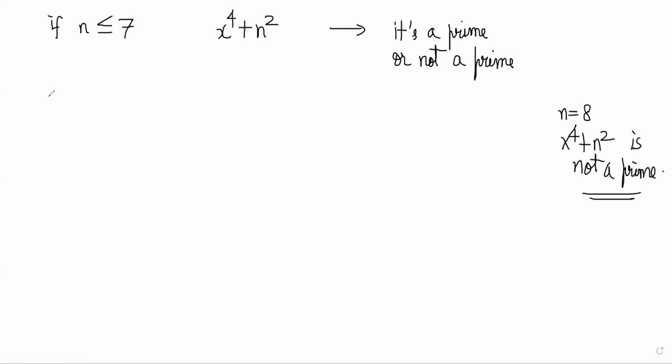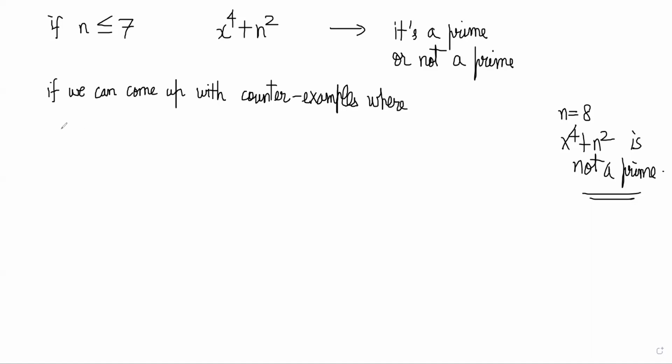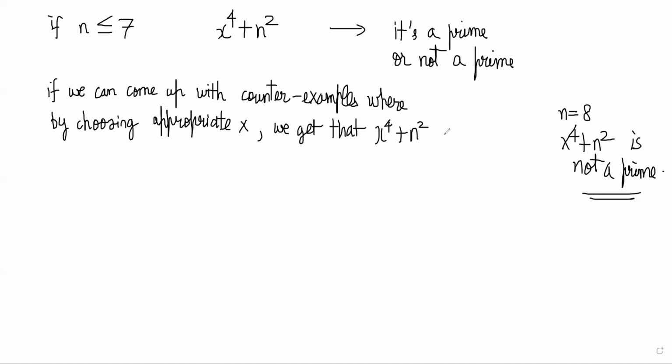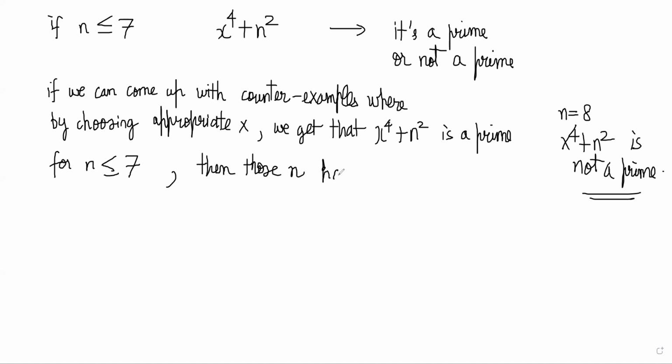So if we can come up with counterexamples, where by choosing appropriate x, we get that x power 4 plus n square is a prime for n less than or equal to 7, then those n have to be rejected.